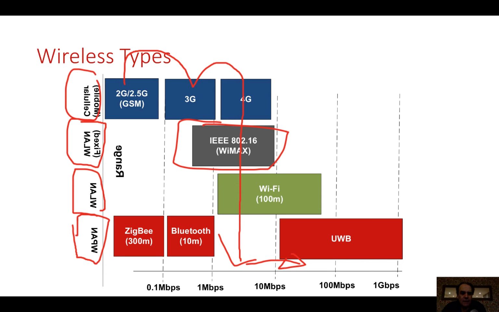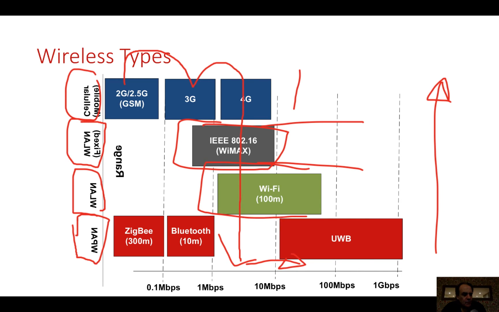In between here we have WiMAX, which gives us excellent range. So the range goes up here. It doesn't give us as good range as we would with 4G, but 802.16 or WiMAX gives us coverage over a large physical area, typically measured in tens of miles. Then for a more local area wireless network, we have our Wi-Fi, our 802.11 standard here. Typically 100 meters or so is a good scope for our connections.